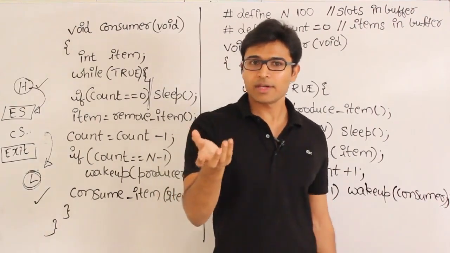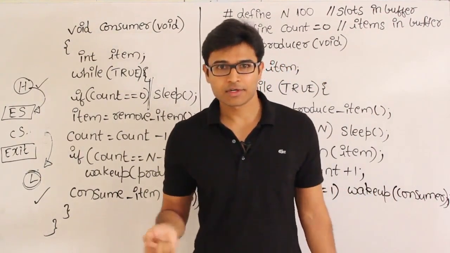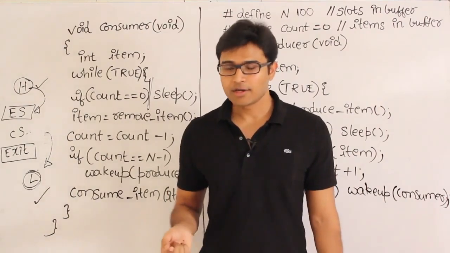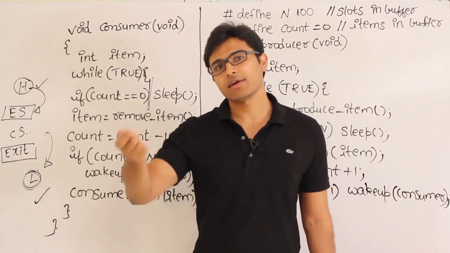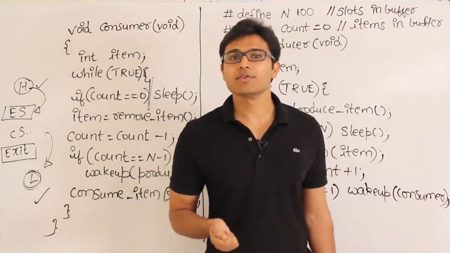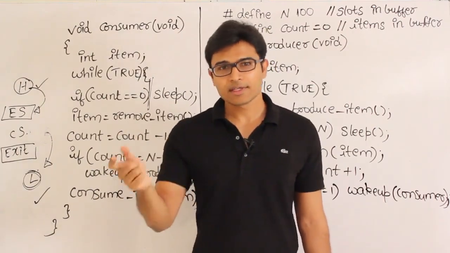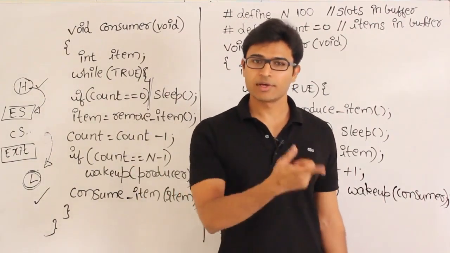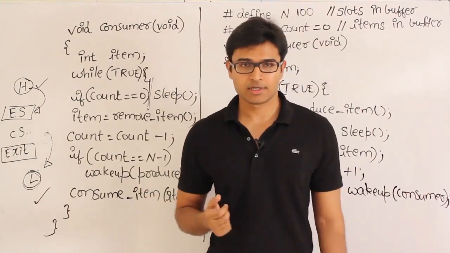Like coupons: let us say you went to a restaurant and you are not hungry, but if you have a coupon, you need not have the meal now, you can have it at any later point of time. Similarly, if you have a variable which has recorded all the wake up calls, then if you want to go to sleep, just check if there is a coupon available. If there is a wake up call available, then you need not sleep at all, you can continue with your running, you need not get blocked, isn't it?